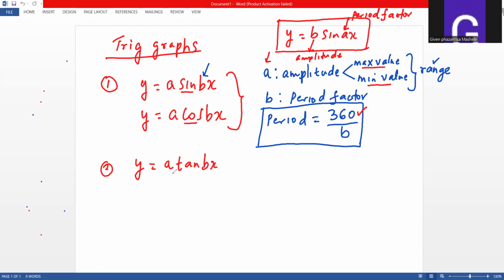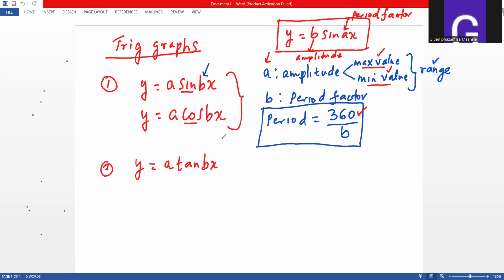However, the a there is just the coefficient of tan. It's also the amplitude, but it does not affect tan the same way, because tan does not have a maximum value and a minimum value as compared to sine. Why?